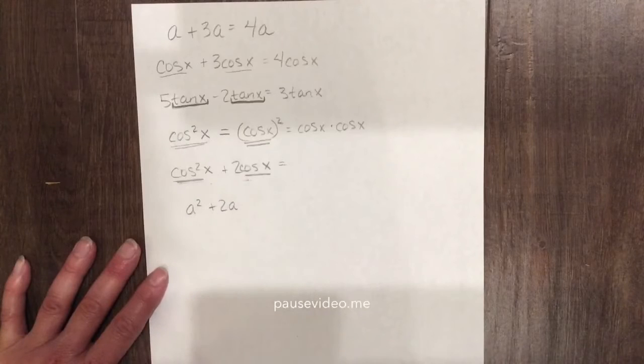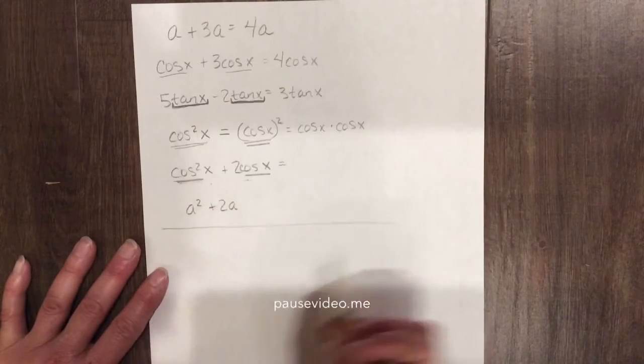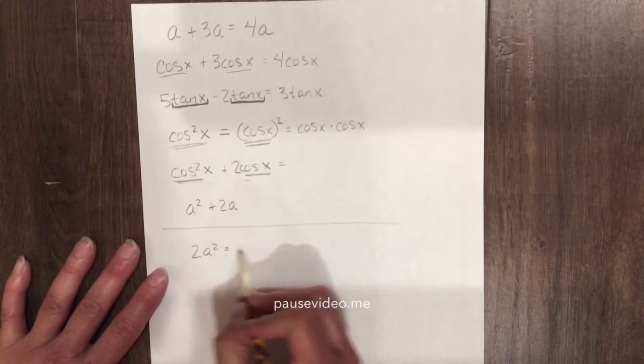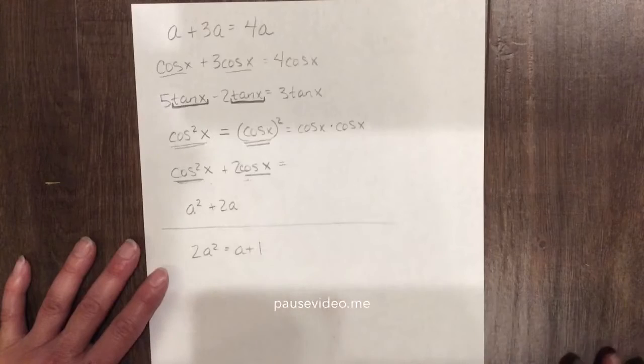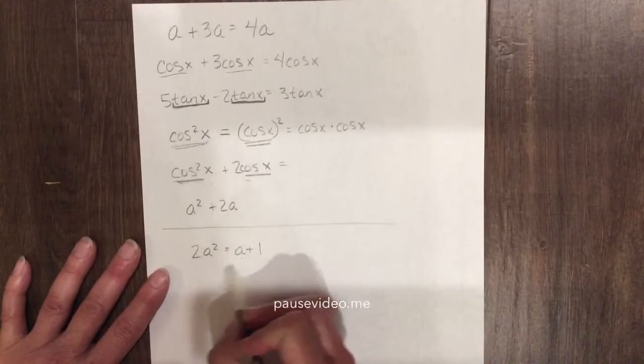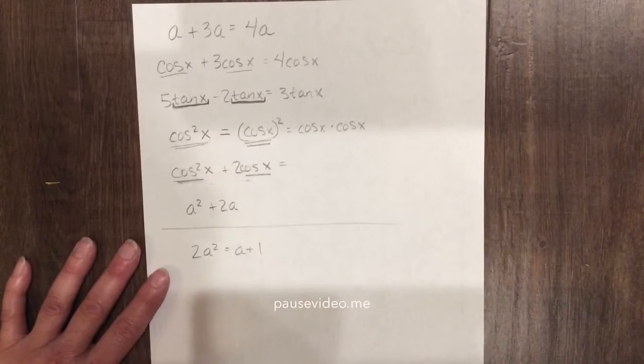So when we're solving, again, go back to basics, you guys. When we used to solve and I said, go solve this equation, 2a squared equals a plus 1. Step 1, we always get our variables on one side. We're going to use that same rule when we deal with the trig functions. You know you need to move this a and the 1 to the left side.